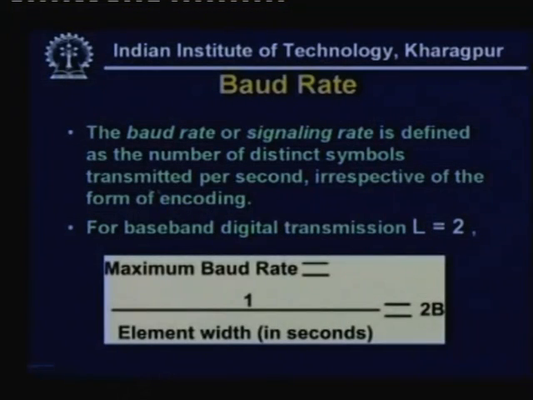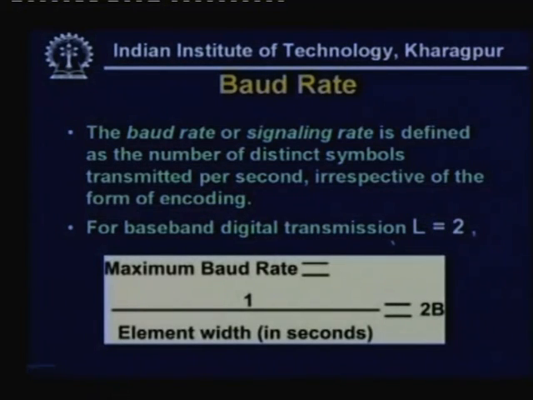Now, in a single bit interval, the number of distinct symbols that can be transmitted per second will depend on how much you are sending within the bit interval. If in a bit interval multiple levels can be sent, then we can send more information.